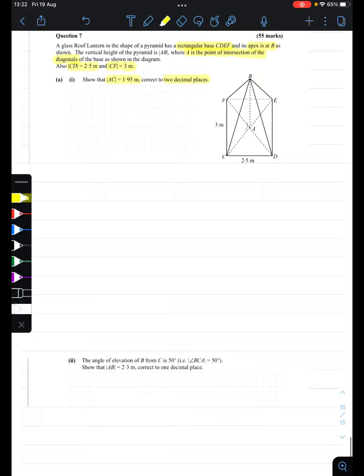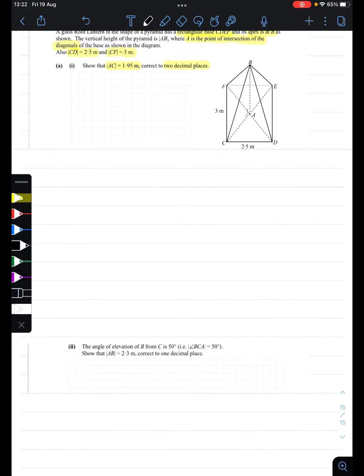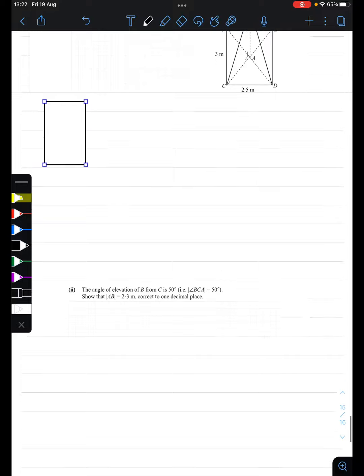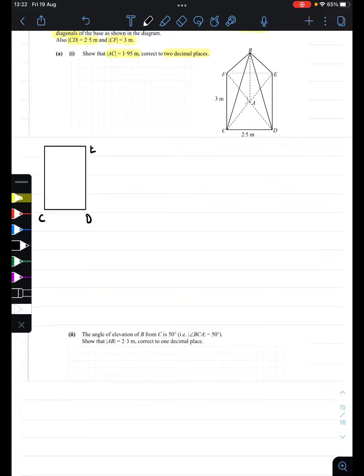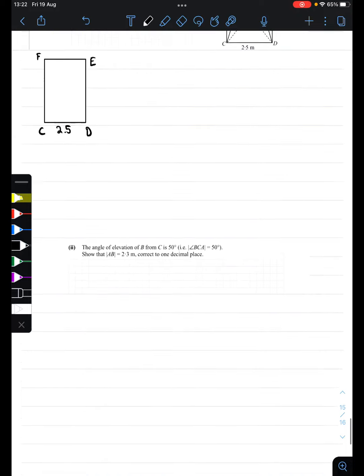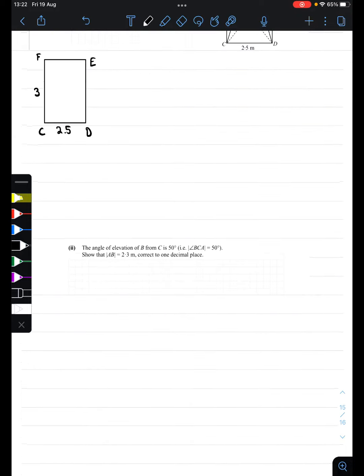Okay, so we can actually simplify this diagram because we're just working with the base. So if we draw ourselves a rectangle here, well then we can label this C, D, E, F. And we know that CD is 2.5 and CF is 3.